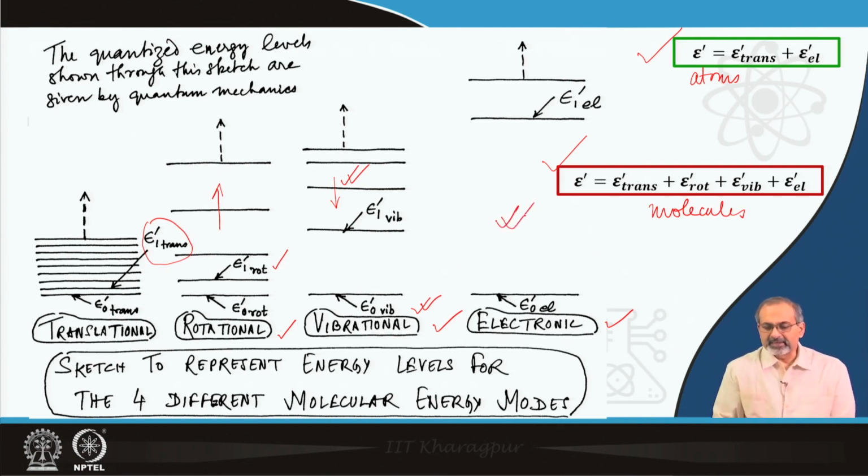Analogous is the case in electronic, where like vibrational the first jump is very large, while the subsequent ones get a little reduced. However, the first jump itself seems to be significantly larger even compared to the vibrational, and much more than the rotational, and much more than translational, and therefore, you can understand that large amounts of energy are involved in order to excite an electronic energy mode from one level to another.